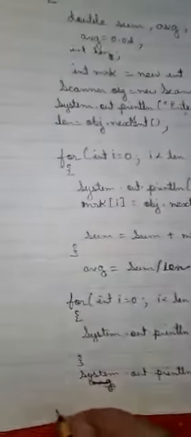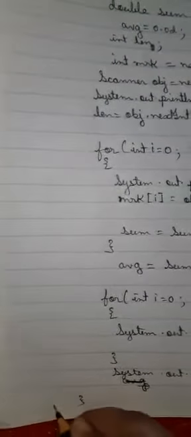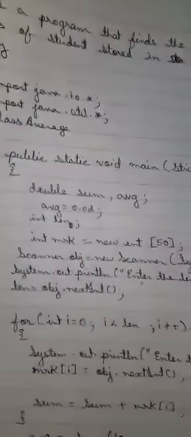It is a single output, so it is not inside the for loop. Now we can close the main method and the class. So this is the program to find the average of marks of the students. Thank you, class.